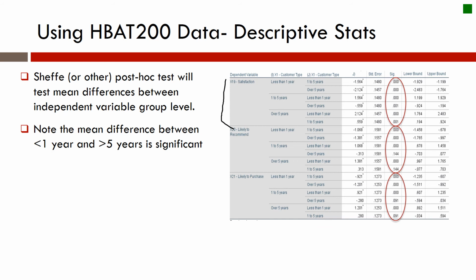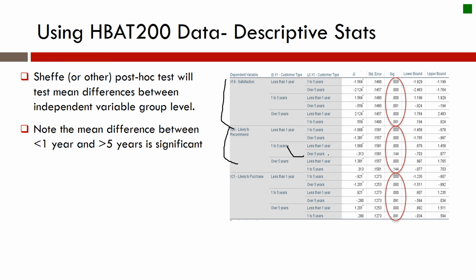And what we're going to have is, again, we've got significance with satisfaction, we have significant difference between groups with likelihood to recommend, except when we get to the 1 year to 5 year.